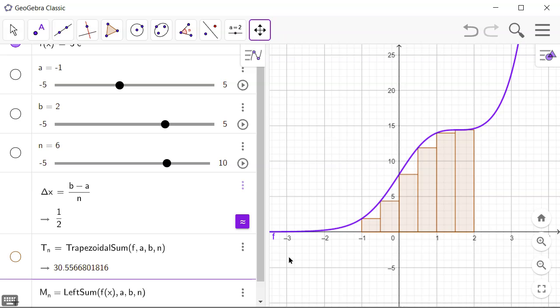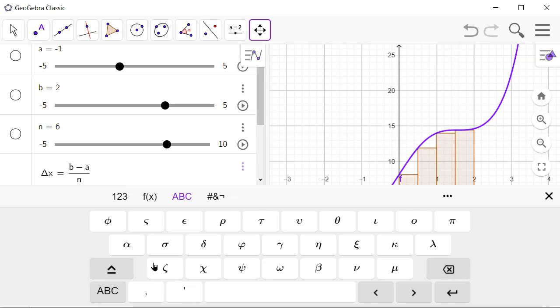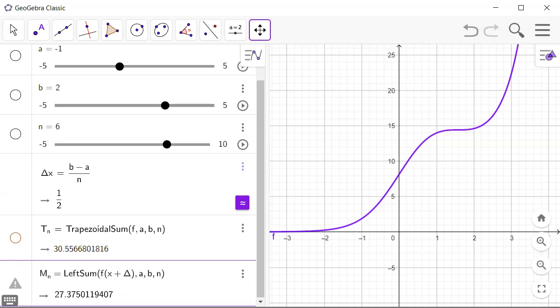There's a way to tweak this. I'm going to shift the function to the left by half of delta x so that it hits the midpoint. Here's how: I'm going to add delta x over 2.